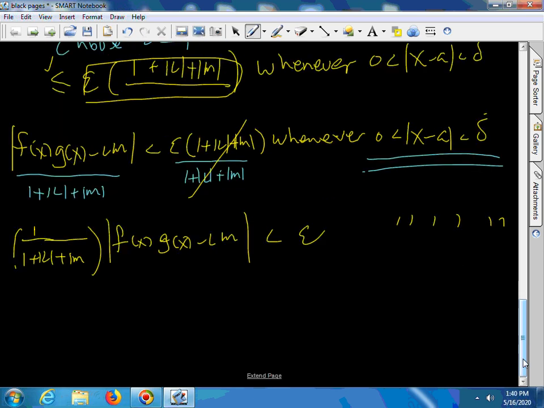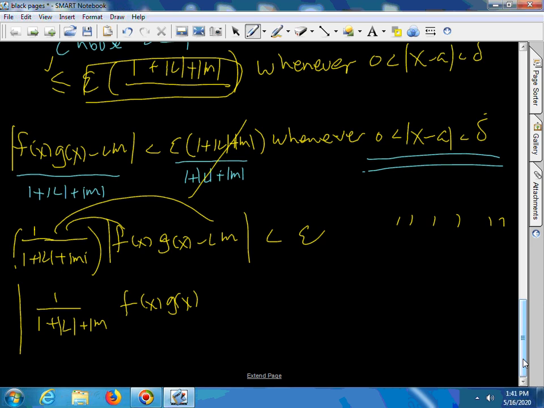But this here is the same as 1 over, now this quantity I'm writing is positive, so I don't need to put absolute value below. Well, actually, it doesn't matter. So I'm going to distribute it times f of x g of x minus 1 over 1 plus L plus M times LM.